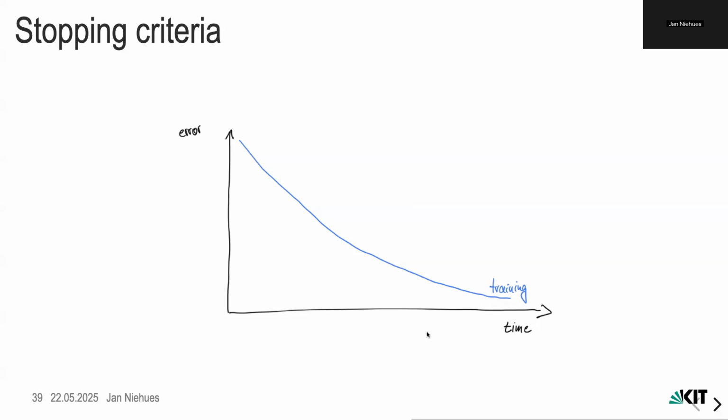Does anybody know of a problem that could occur? Maybe we'll overfit on the training data. So when we use the model on the test data, it will give bad results. Yes, exactly. What typically happens in neural networks is they're heavily over-parameterized.